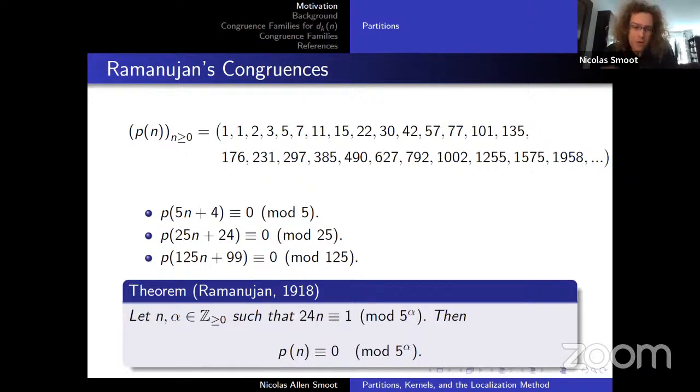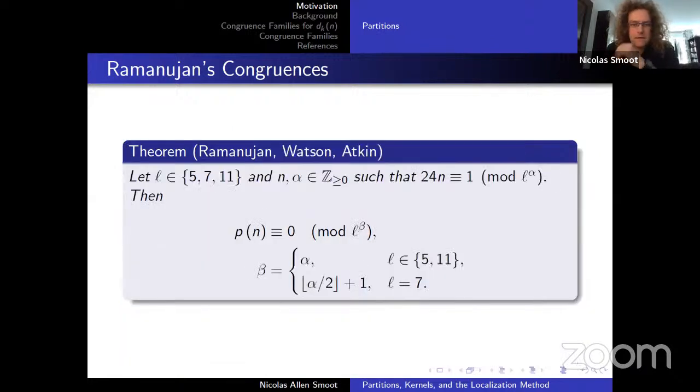And more generally, Ramanujan was able to discover this very deep and remarkable result, the foundation for everything else I'm going to be doing. That P of n is divisible by 5 to the alpha whenever n is the inverse of 24 mod 5 to the alpha. Again, given how pseudo-random P of n looks, this is remarkable.